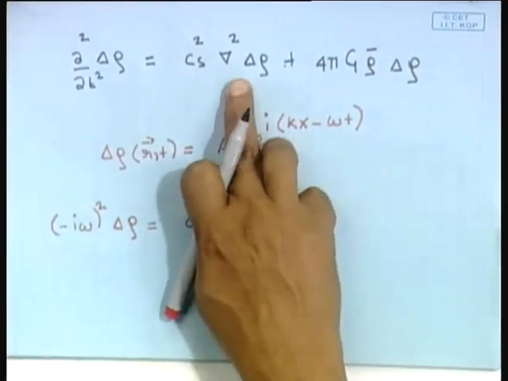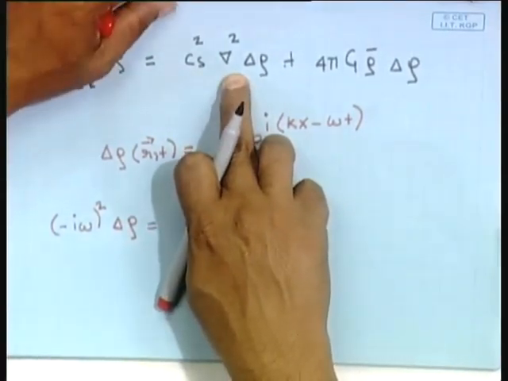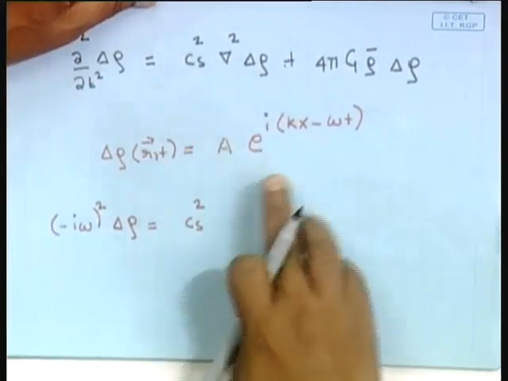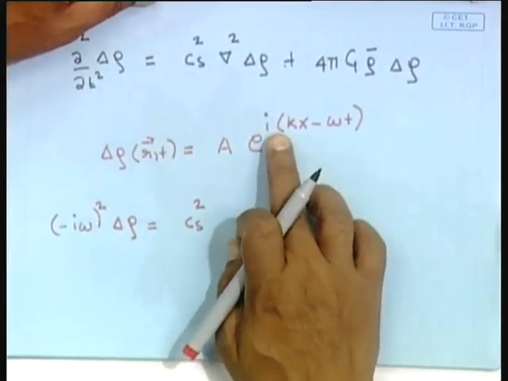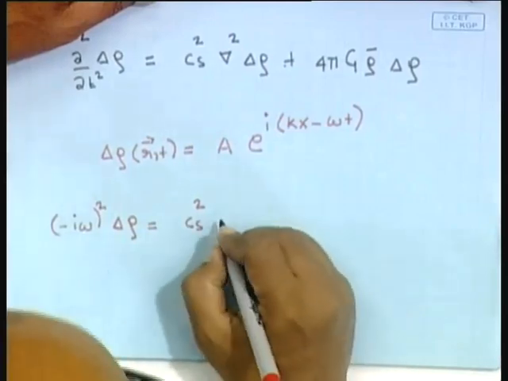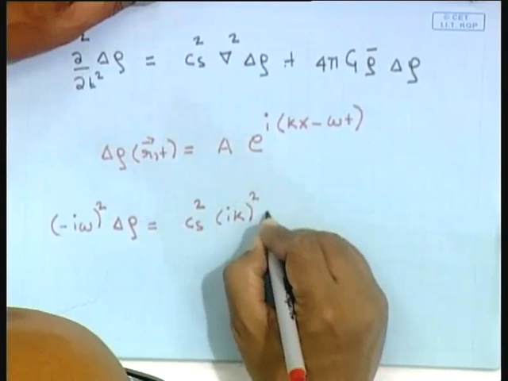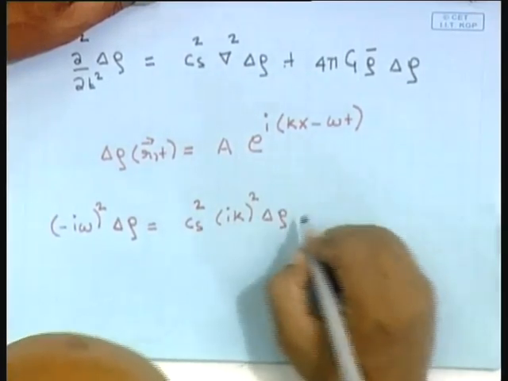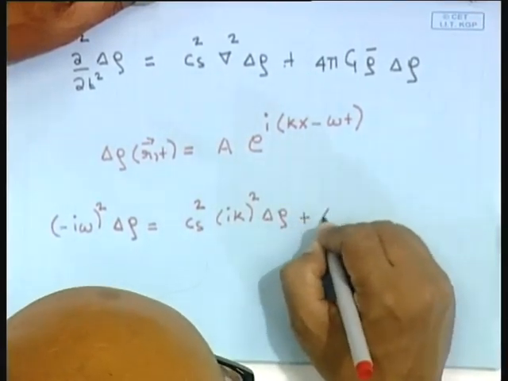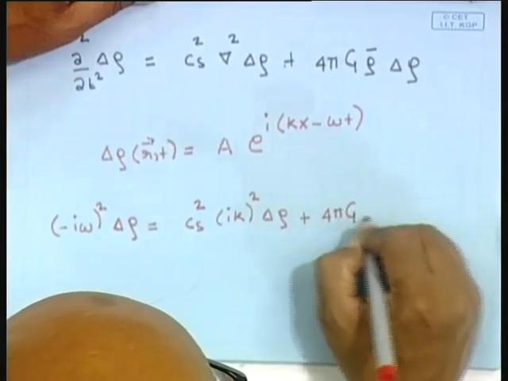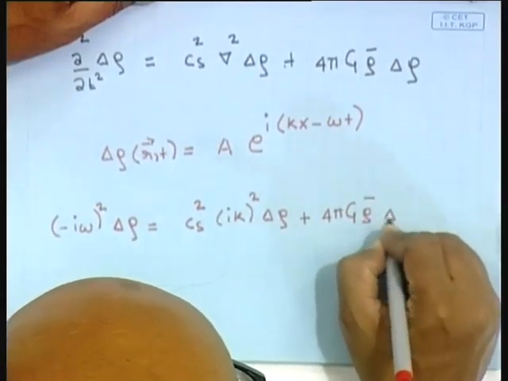If I differentiate it with respect to x, the y and z derivatives don't count, then twice I pick up a factor of i k square, into minus k square delta rho plus 4 pi g rho bar delta rho.